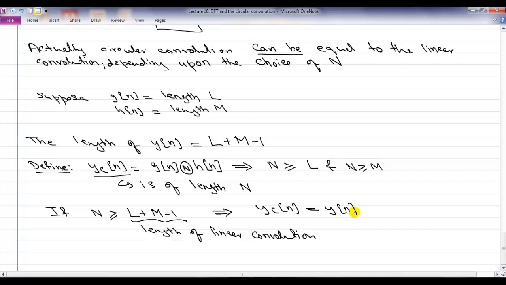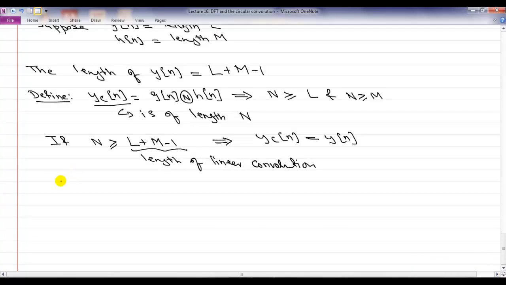So now we know the relationship between circular convolution and linear convolution, and we know how circular convolution can be computed in a fast fashion using the DFT. So if we combine these two facts, we can argue that actually DFT can be used to carry out linear convolution in a much faster fashion than using the linear convolution formula directly.